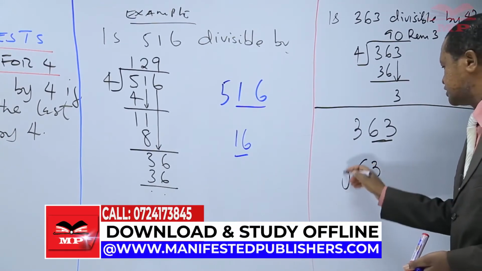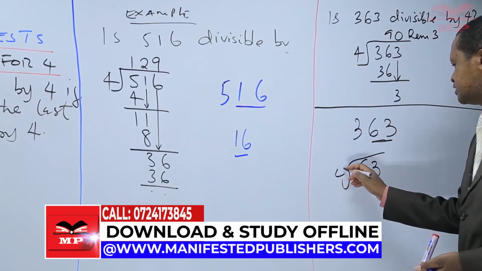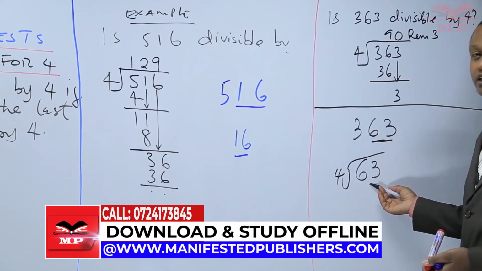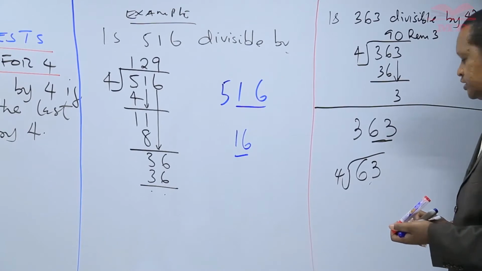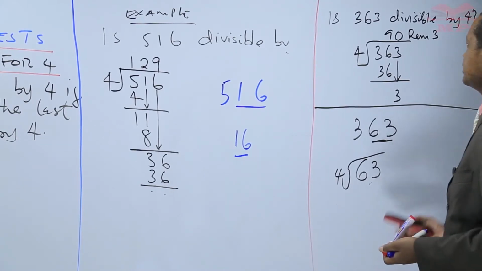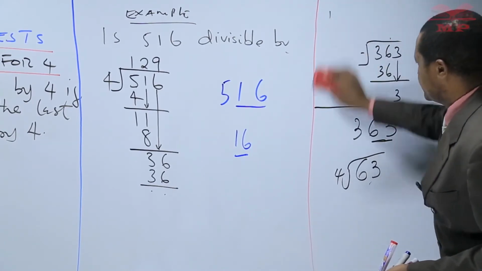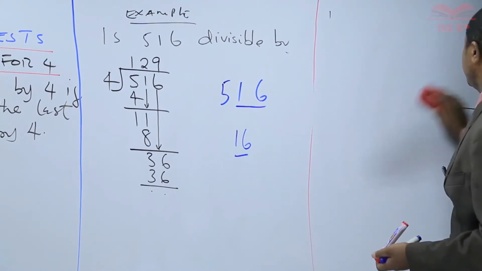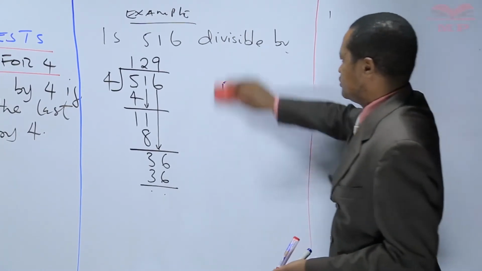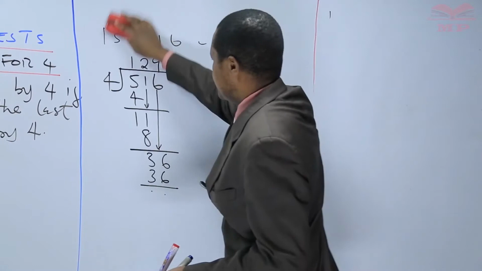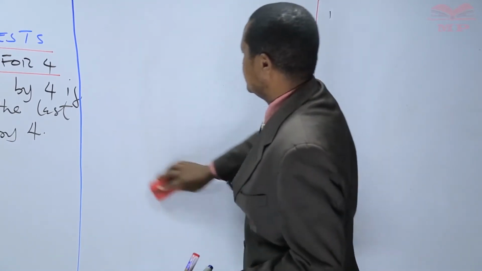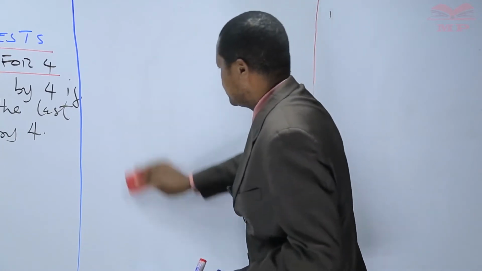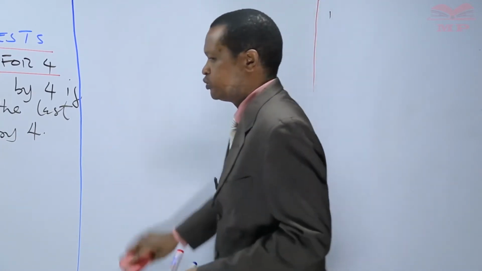So you can just divide this number and you can see this again is not divisible by 4. So if you want to tell if a number is divisible by 4, you look at the number formed by the last 2 digits.